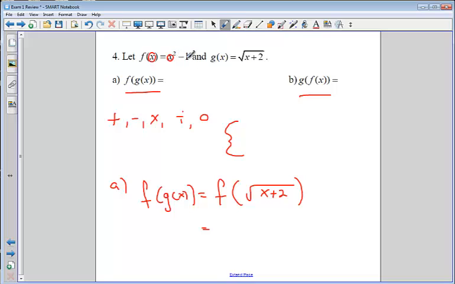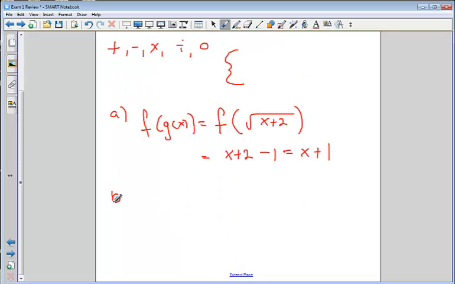And I square it and take away 1. So whatever's here, I square it and take away 1. So square it, and I get x plus 2, because the square root of x plus 2 squared is just x plus 2. And I take away 1, because that's what this says. Look at it. It says take whatever's in here, square it, and take away 1. So I squared whatever's inside here, and I took away 1, so I get x plus 1.